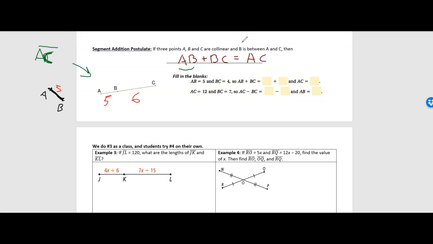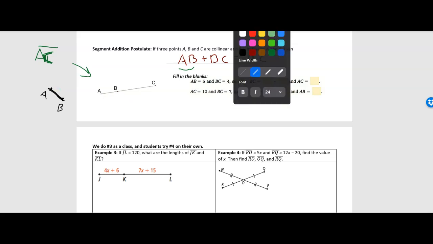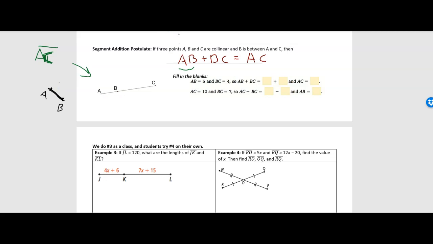So if AB is 5 and BC is 4, let me erase this so you're not confused again. So AB is 5, BC is 4. So AB plus BC is equal to 5 plus 4, and AC would be equal to 9, right?